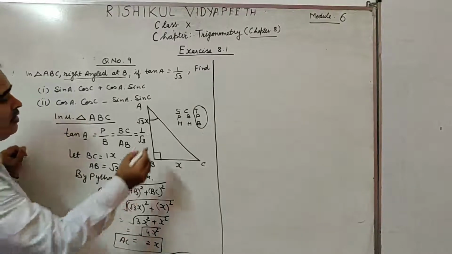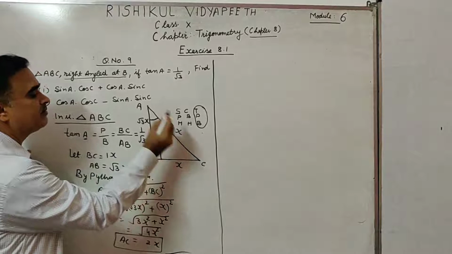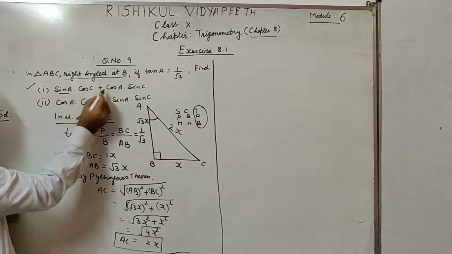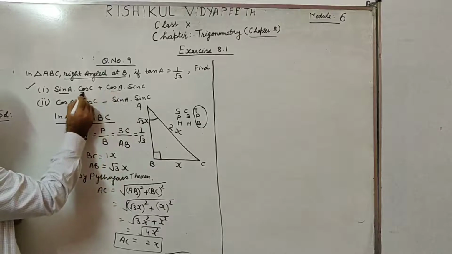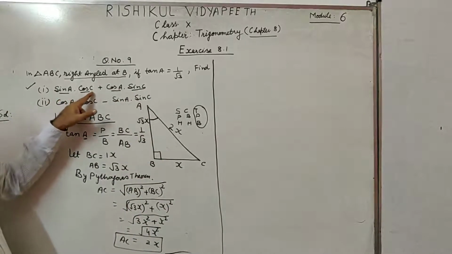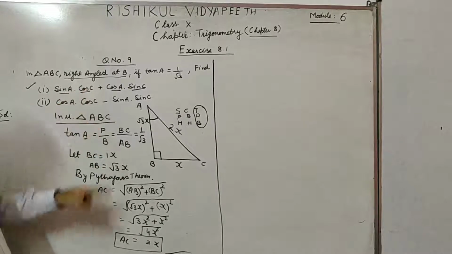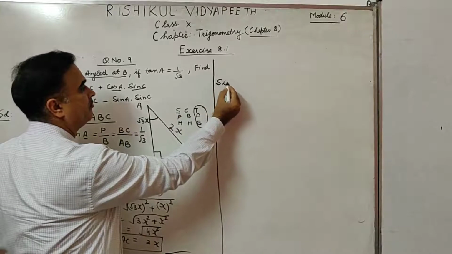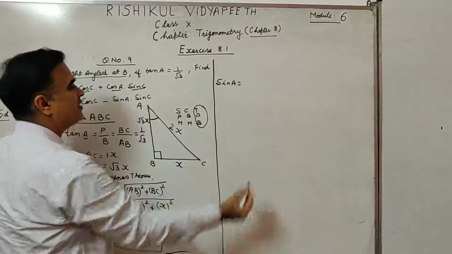You see, my child, we got all the sides. Now, in the first case, we are to find sin A, cos C, and sin C. You have seen that these are different acute angles. So first of all, we take sin A. What is sin A?